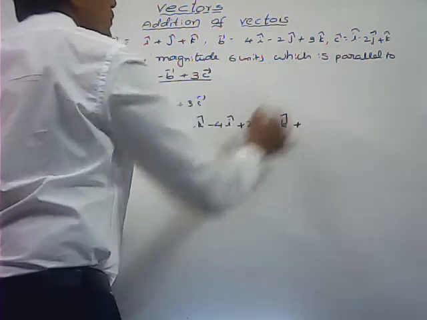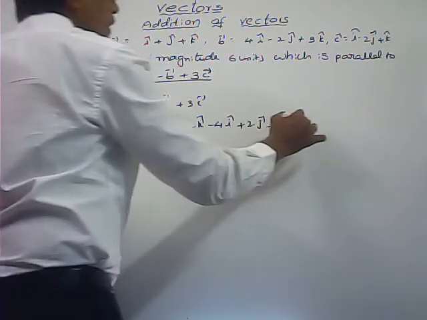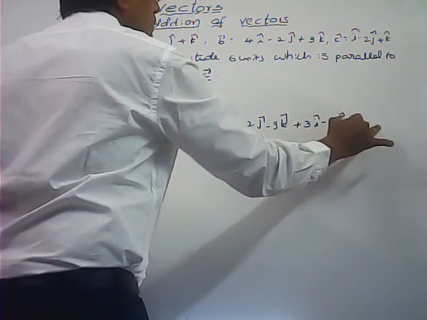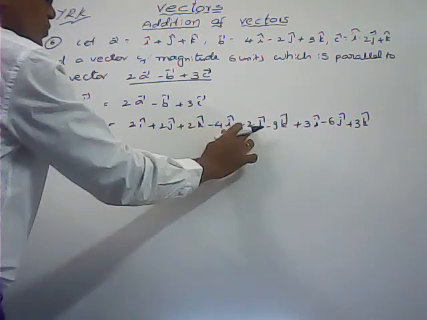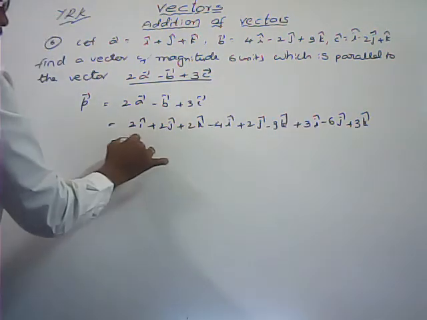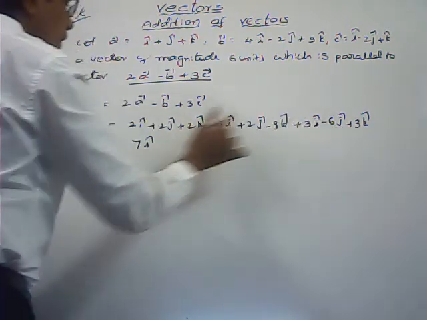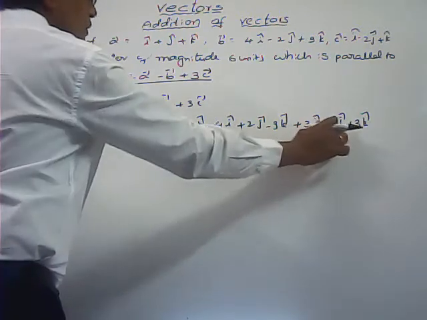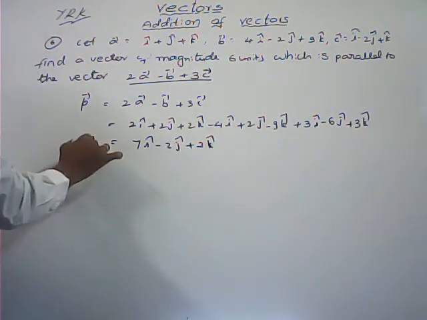Scalar multiplication of a vector, every term should be multiplied by scalar 3: 3i cap minus 6j cap plus 3k cap. So 7i cap, minus 2j cap, plus 2k cap. This is the P bar I got.